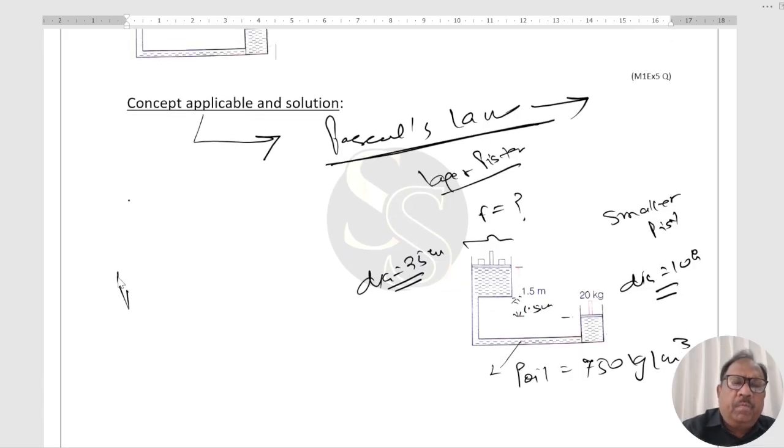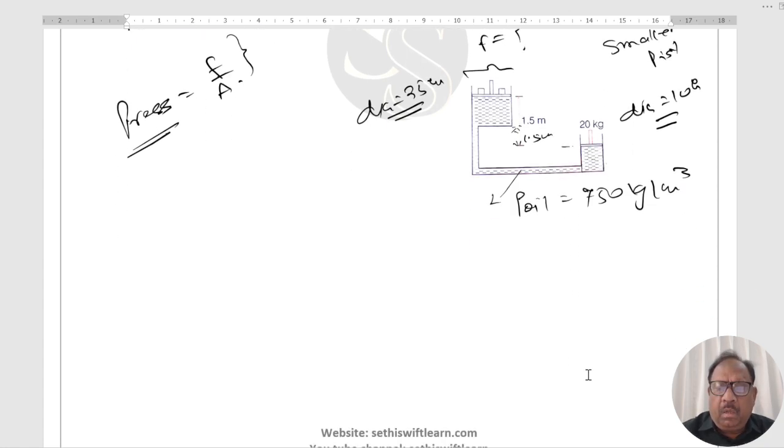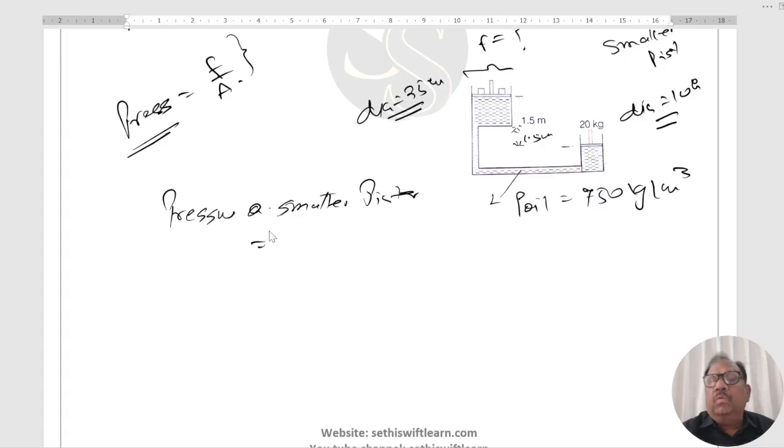Now, pressure equals force upon area. Then, the pressure on the smaller piston will be force, 20 into 9.8, divided by pi r square, with r equal to 5 into 10 to the power minus 2.